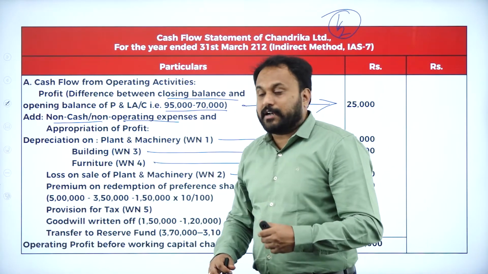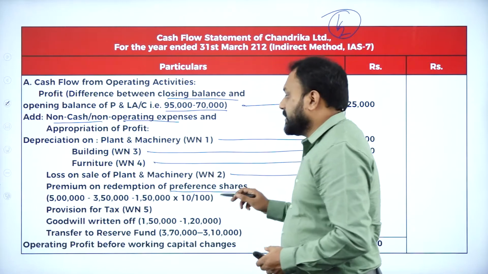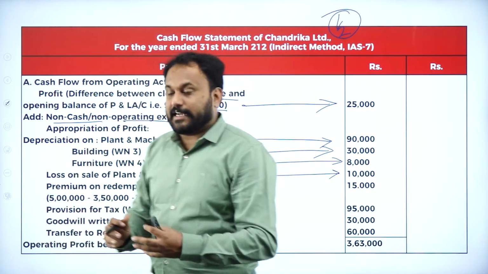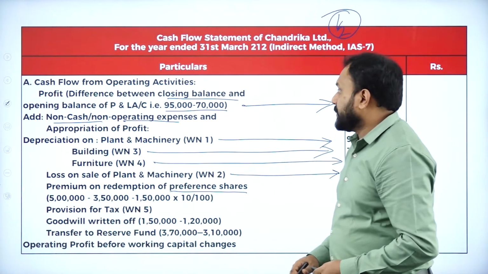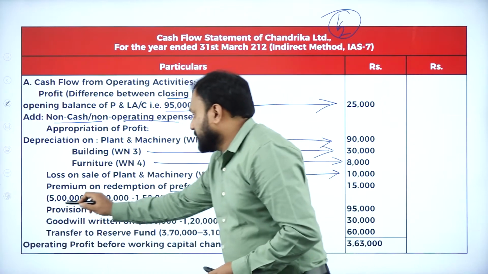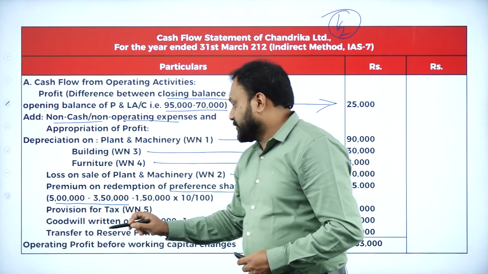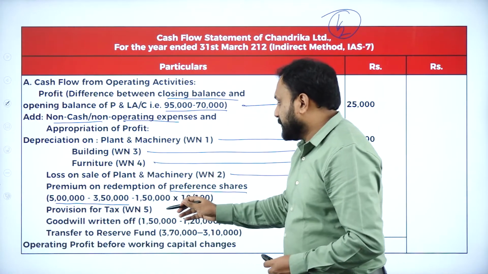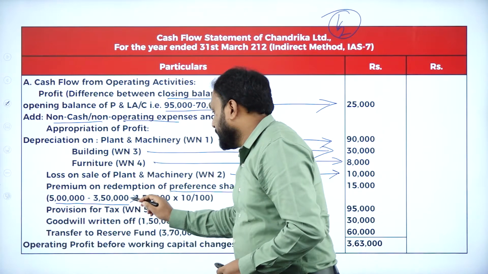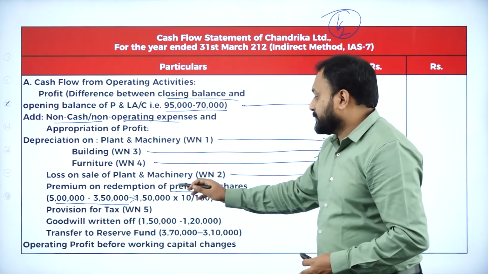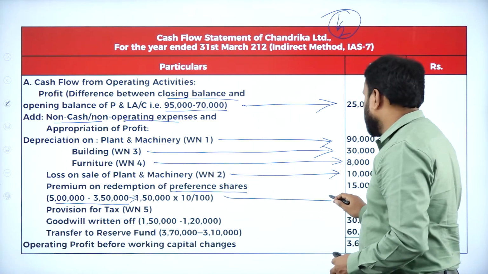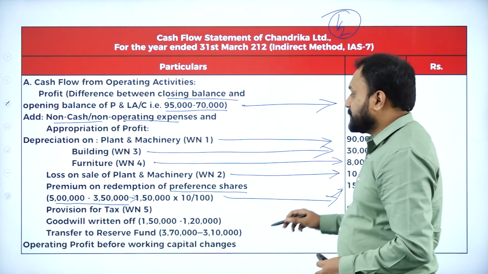Now premium on redemption of preference shares. Preference shares 10%, in the adjustment only they had given it for us. Now here I'll just show it to you. 5 lakh minus 3,50,000 is your 1,50,000. Now 1,50,000 into 10 by 100, if you go, is 15,000. So that is what it is here, 15,000.